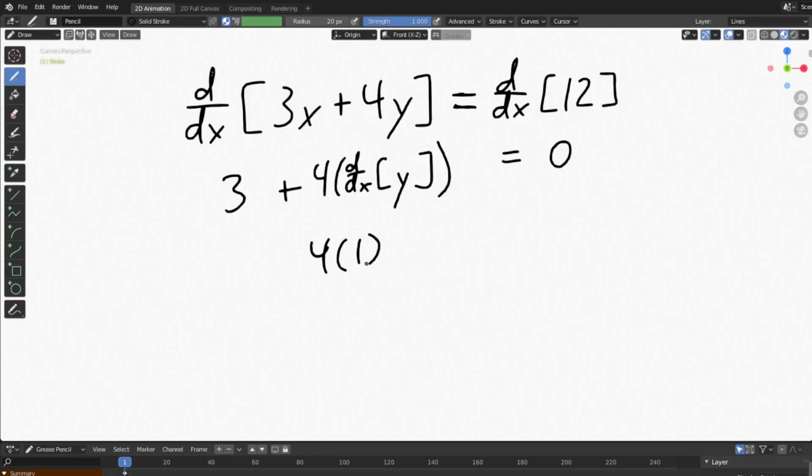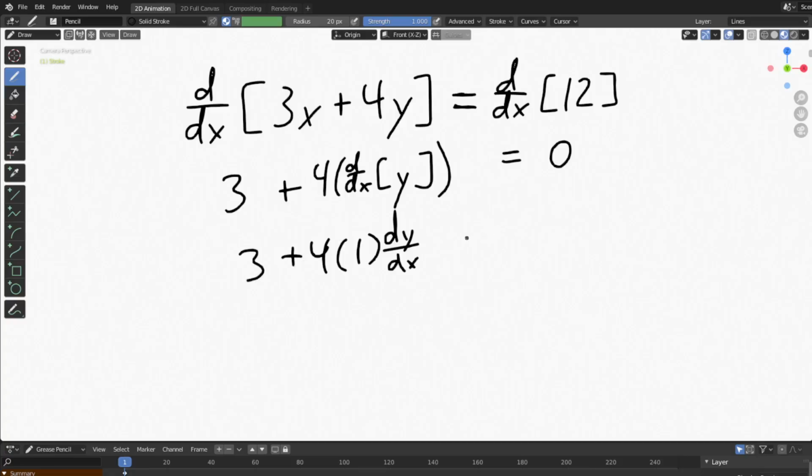It's 1 here, but it's not truly a 1. We have to multiply it by the derivative of y, which we write out as dy dx. This kind of blew my mind when I first found out about that.